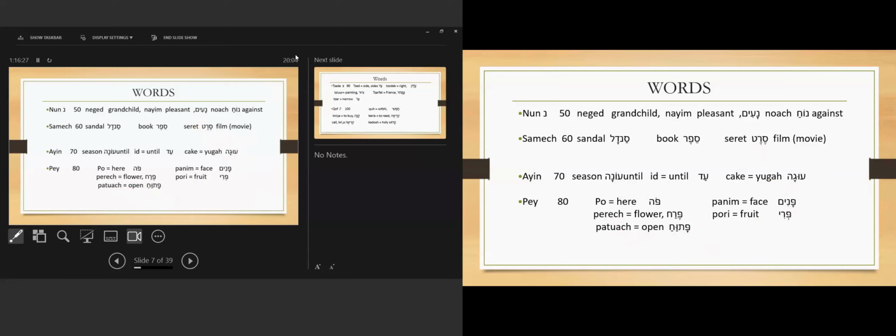M, the end of the M. Lechem. So we can say lavan lechem, white bread. You can say lavan lechem. Yeah, white bread. Yes. Then tov kesef, good money. Yes. Okay. Good. Yes. I like that.